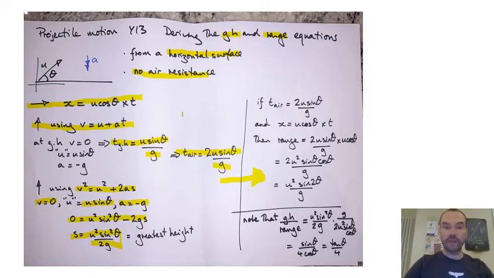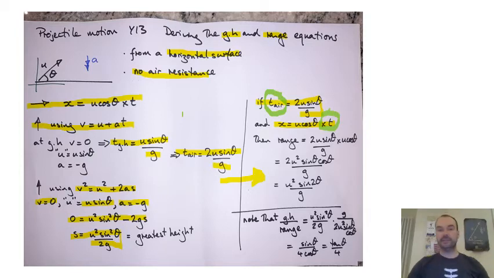Now, what about the range? If the time in the air is 2u sine theta over g, and if the distance travelled is u cos theta times time, then that time can be substituted in here.